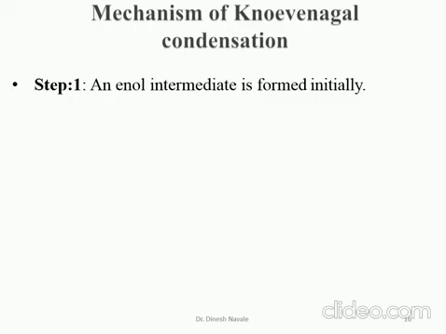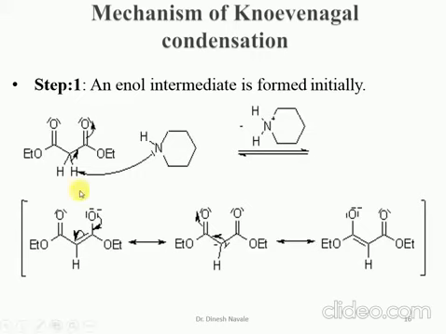Now if you look at the mechanism of Knoevenagel condensation, the first step is that an enol intermediate is formed. An active methylene group like diethyl malonate reacts with the base.